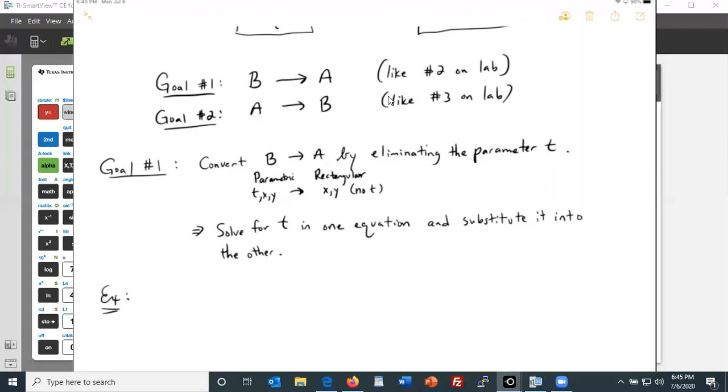So like I said, we'll use the last example that I did.